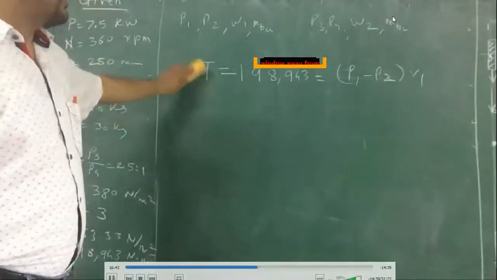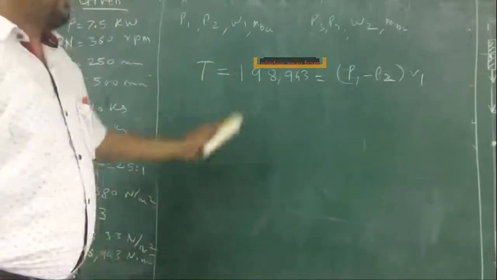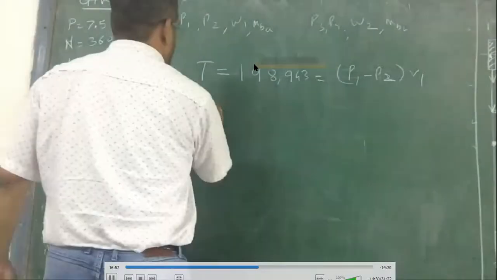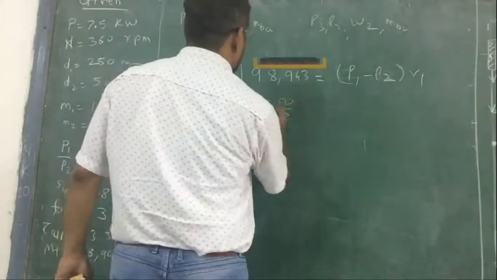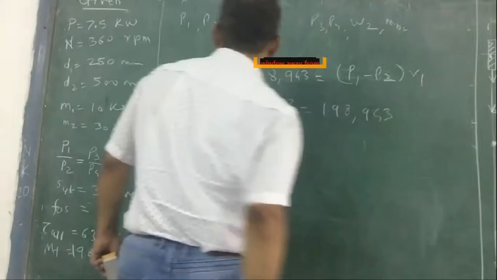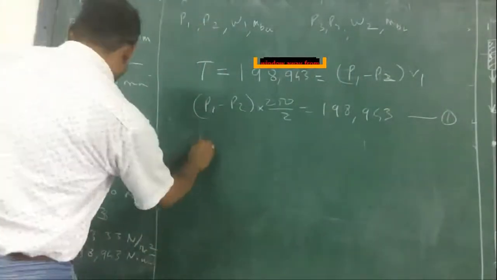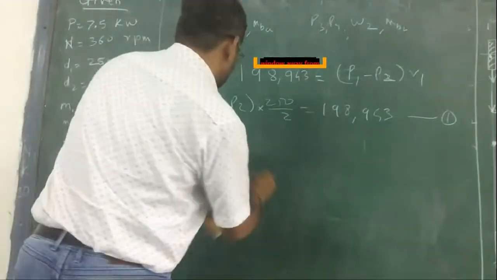Now we have to find P1 and P2, and for that, this is one equation: (P1 minus P2) into R1, which is 250 by 2, equal to 198,943. And the second equation is that we are given the ratio of P1 upon P2 as 2.5.